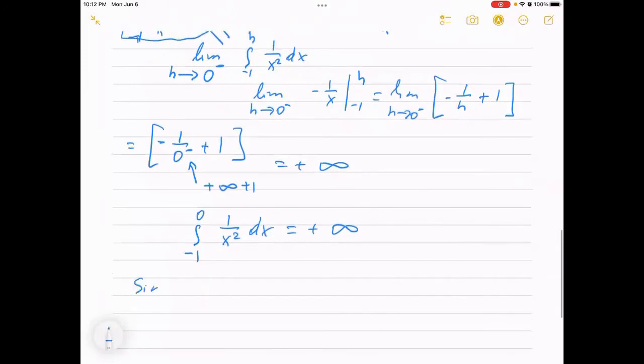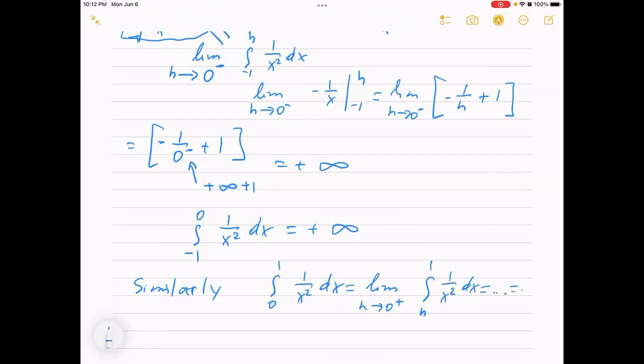Similarly, we can calculate the integral from 0 to 1 of 1 over x squared dx. We set up a limit as h approaches 0 from the right, integral from h to 1 of 1 over x squared dx, and we permit the calculations, and at the end we get +infinity.